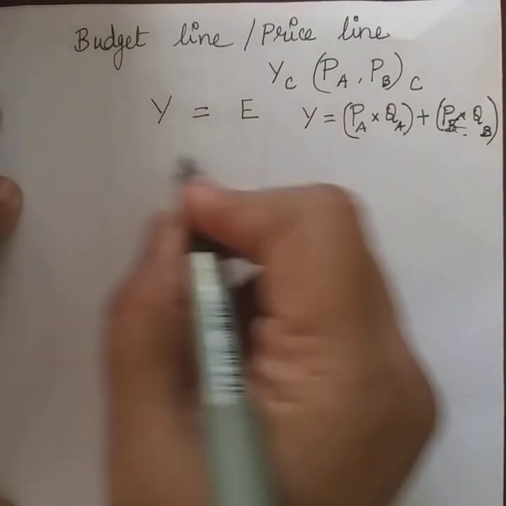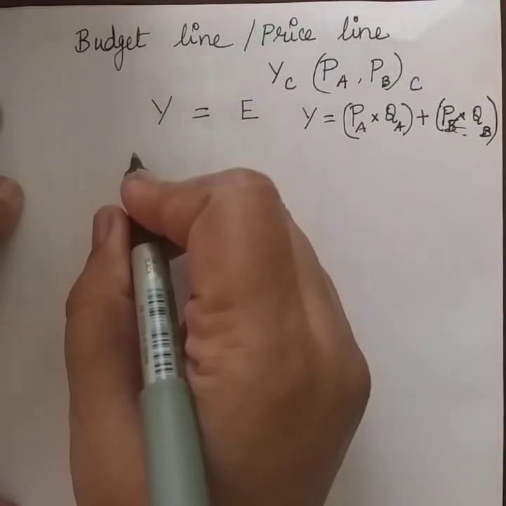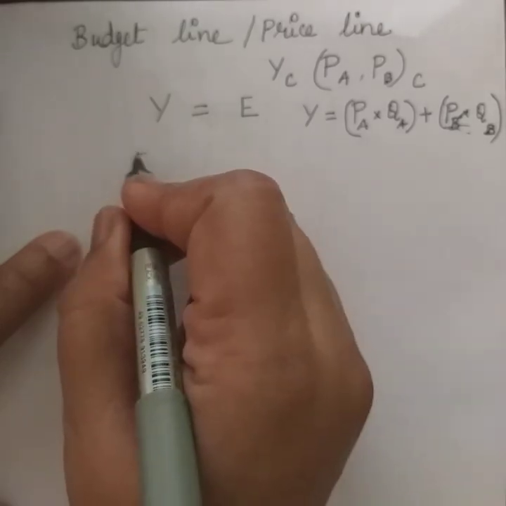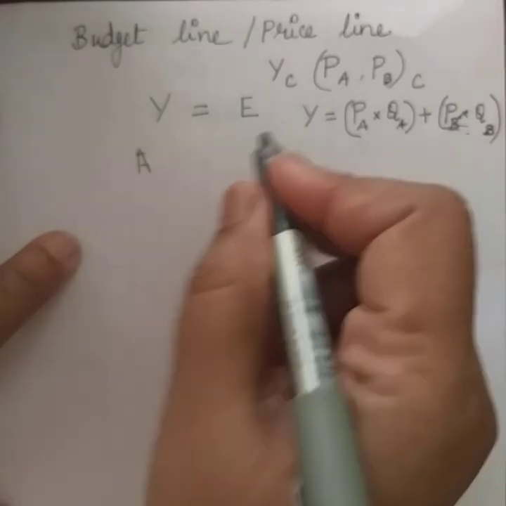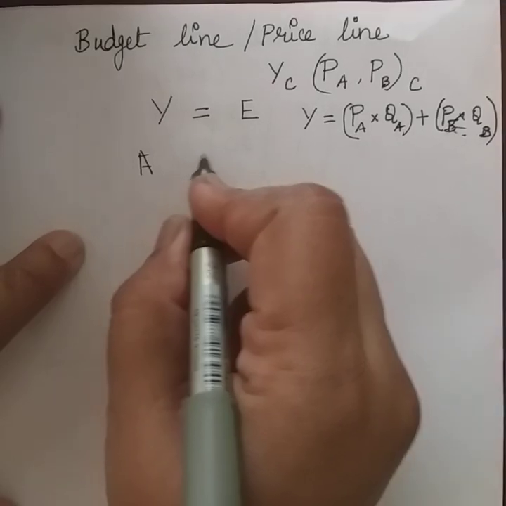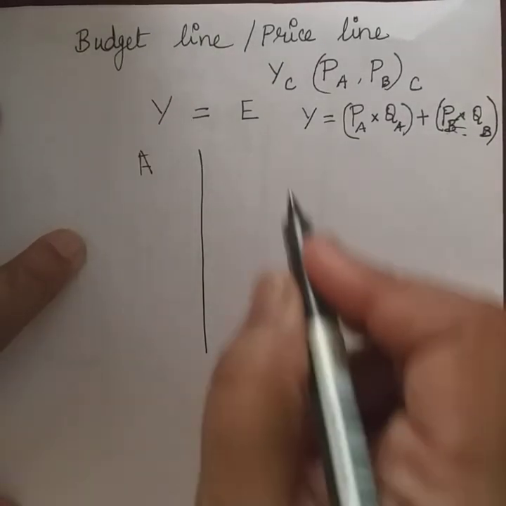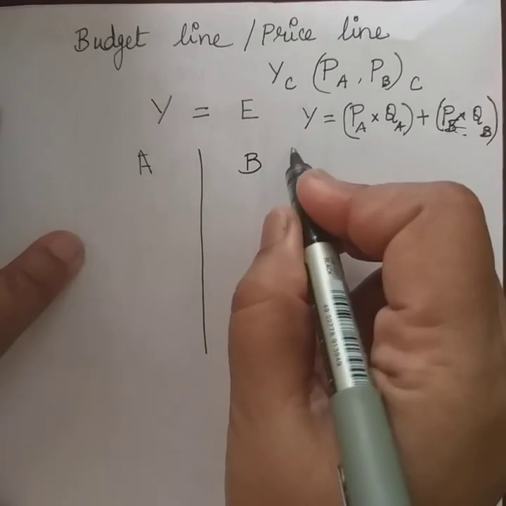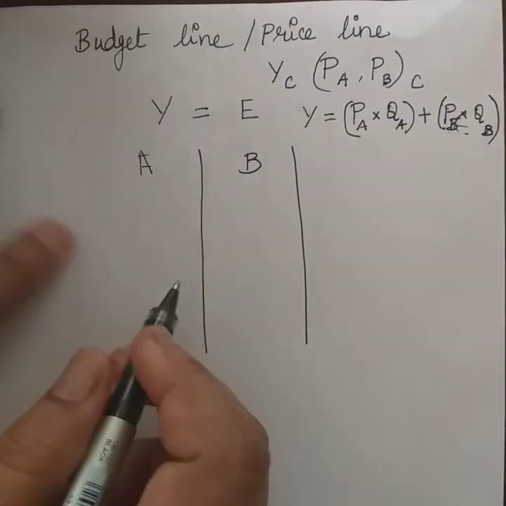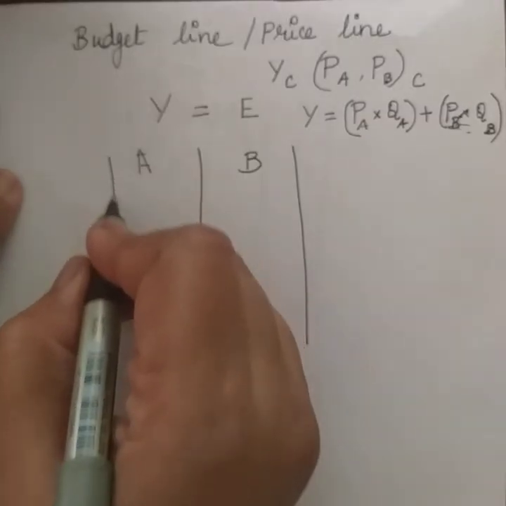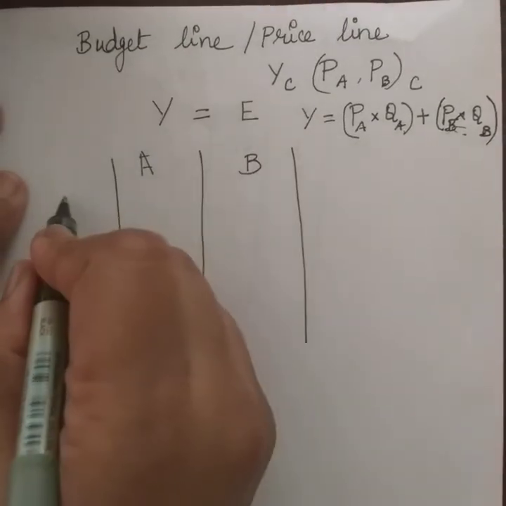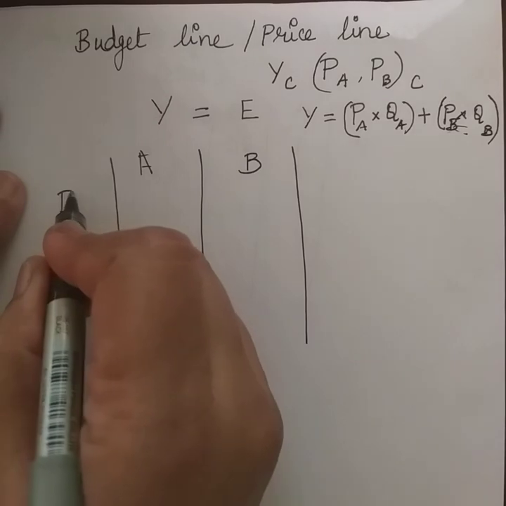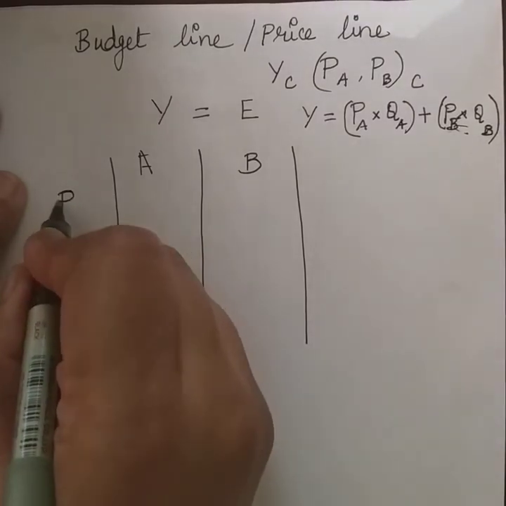Let us start with the expenditure undertaken on product A, which is say apples, and then the expenditure undertaken on product B. So the initial combination, let us call that P again.